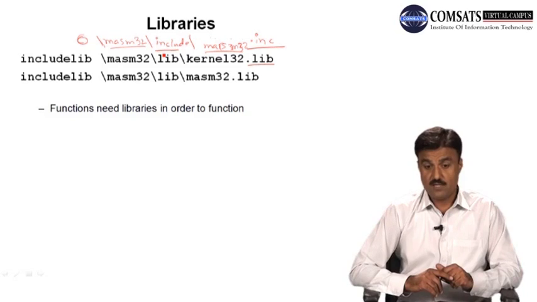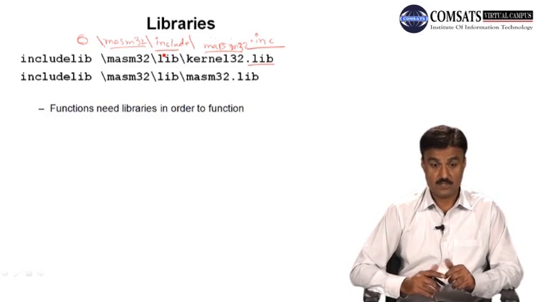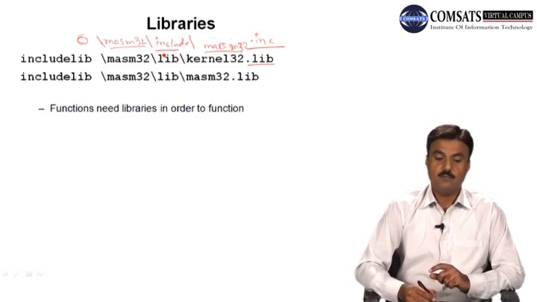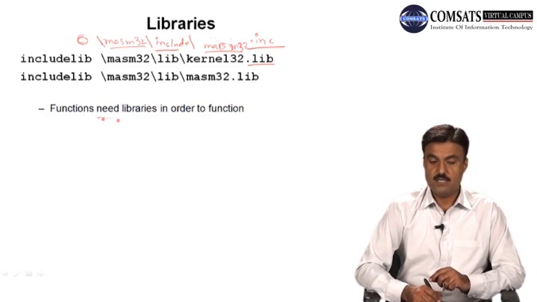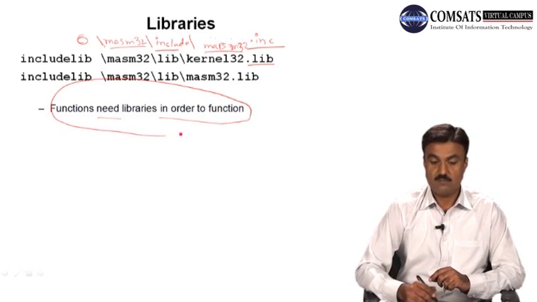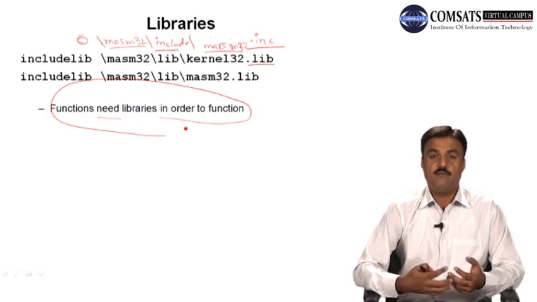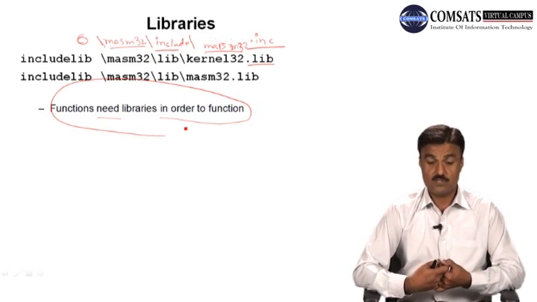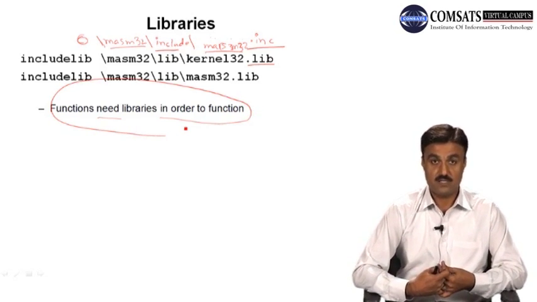These library files are libraries which we include in our program. They provide the functions which are needed inside our assembly language. For example, we have function declarations, and the actual functions are defined inside the library files.